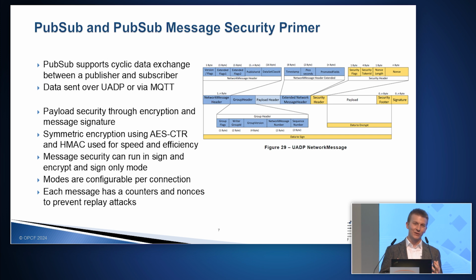But again, it's just too detailed to go through all the individual aspects of that. The important thing is that the UDP communication provides you all those security mechanisms that are now coming with UAFX, but the actual concept is of course generic, so it will also work for the whole cloud connectivity aspect.